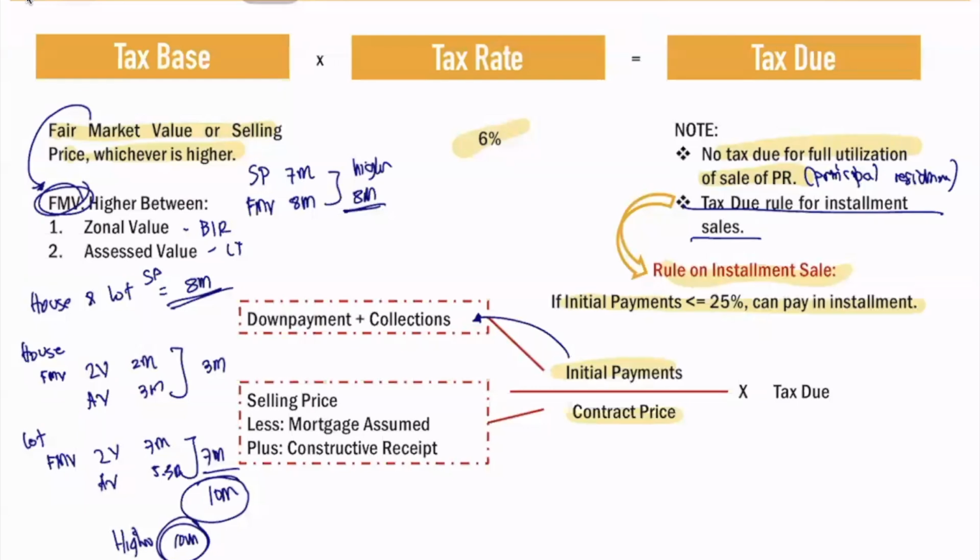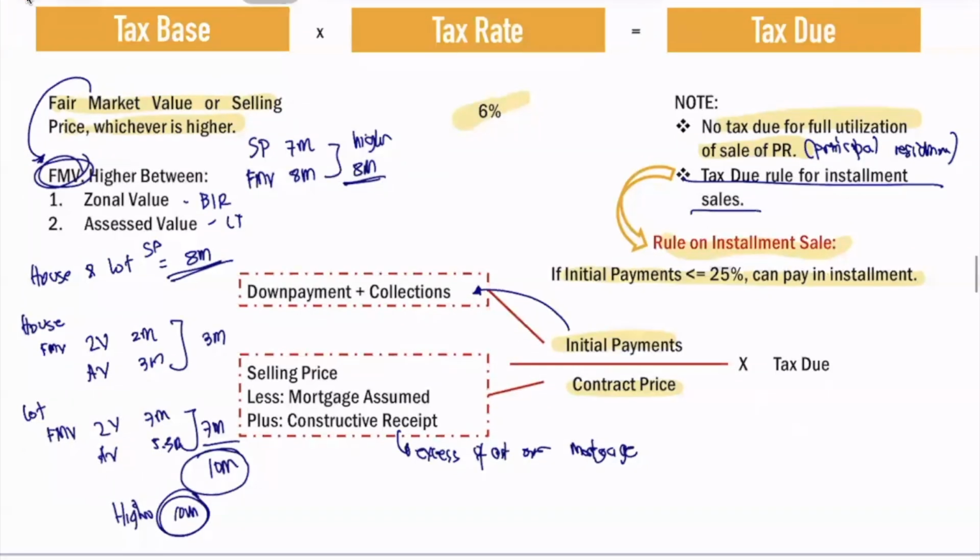What is the constructive receipt? Constructive receipt is the excess of cost over mortgage. Okay, let's say for example, the selling price is 7 million. The down payment is only 1 million.